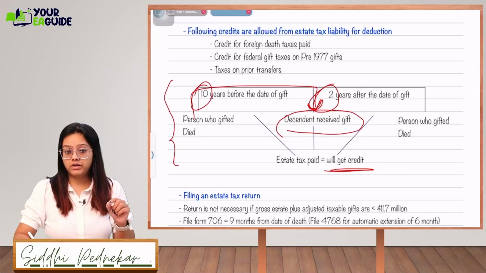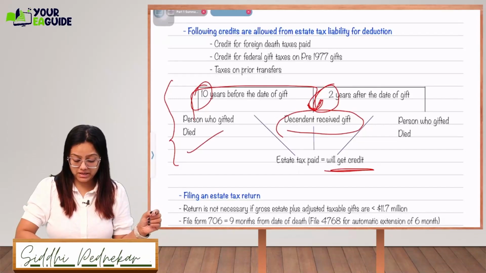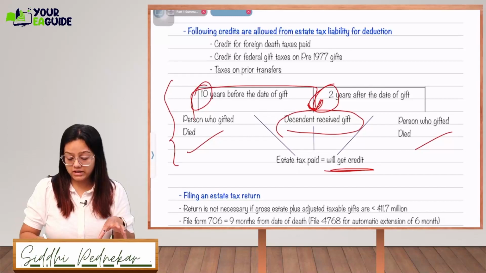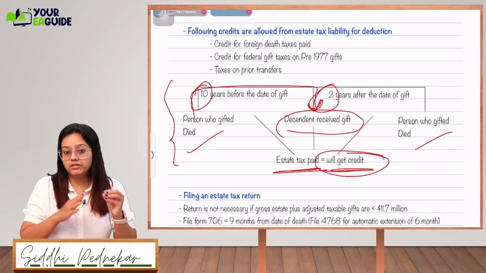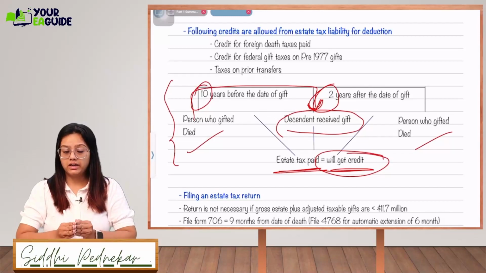So whatever gift tax was previously paid by the person who died, they will get a credit. Whatever gift tax or estate tax was paid, they will get a credit.